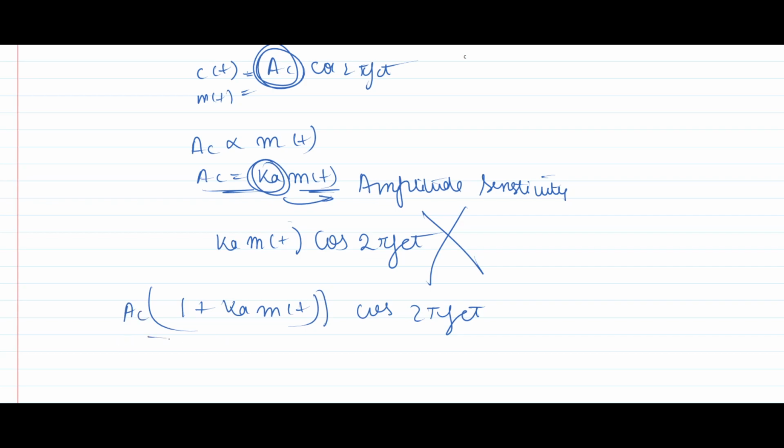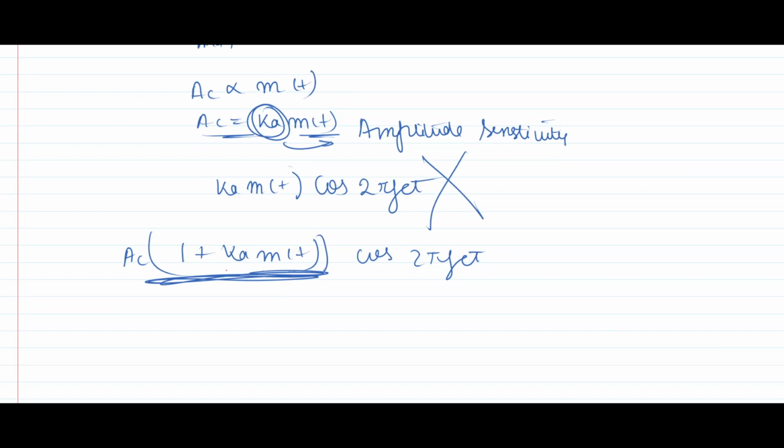So what is the reason behind this? Why is it 1 plus Ka m(t)? The simple answer is that this is the equation for the envelope detector.